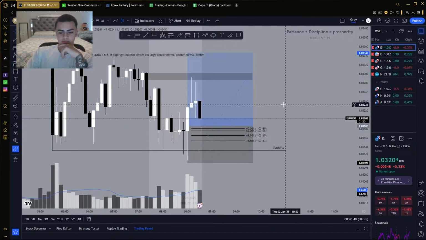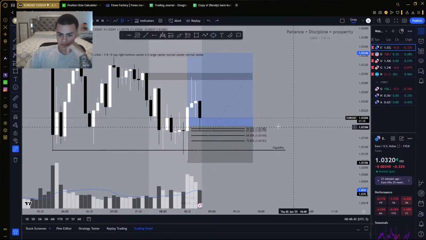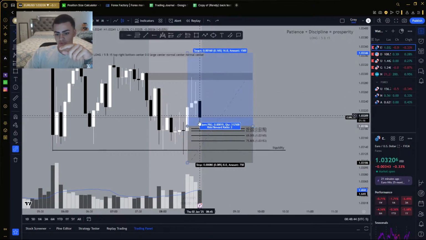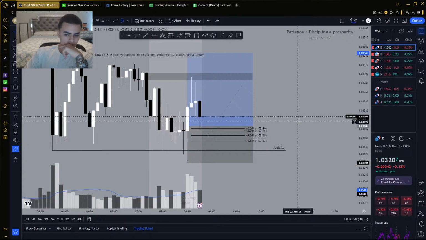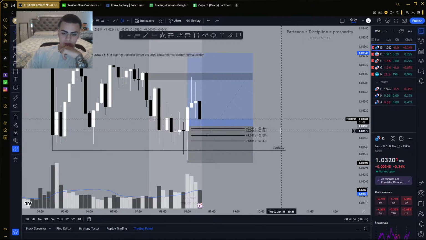And it still doesn't have a top wick. So most likely, if this candle doesn't push up, the next candle is going to push up 100%. Not only that, I went down to grab some liquidity here also.